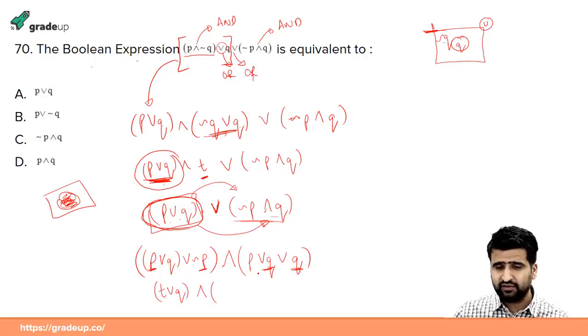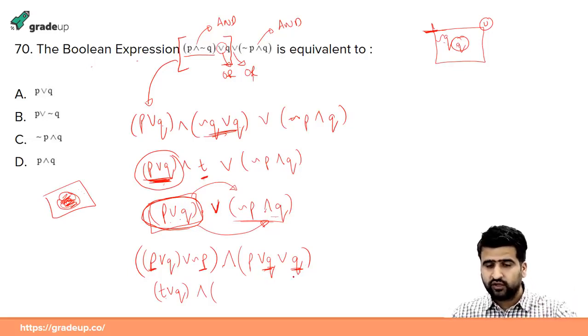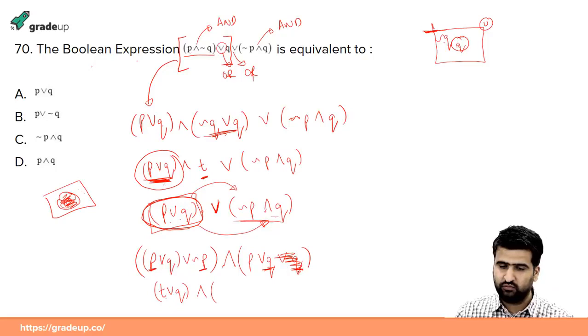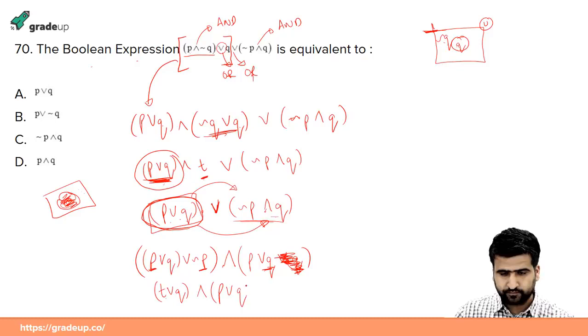If it is giving you P or Q or Q, this actually means P or Q. You don't have to repeat the same set twice, because it is meaningless. I can write it 5 times, but it will have the same meaning. So total or Q.